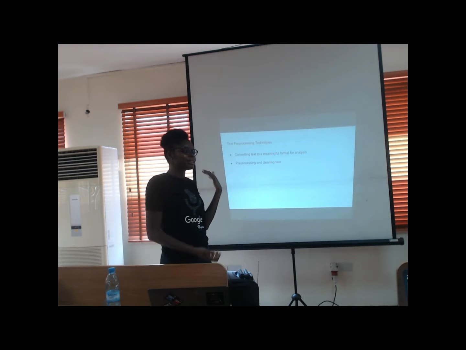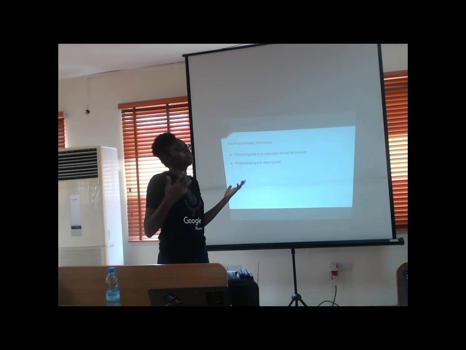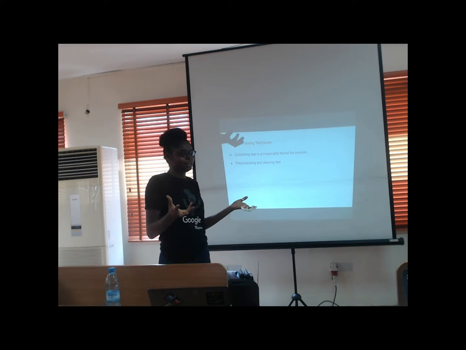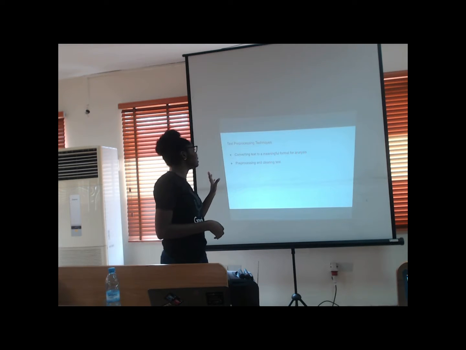And then most times this text is usually messy, it's usually dirty. Sometimes it contains a lot of information that you do not need. And for our models, we only want to pass useful data. That's why text processing is important.